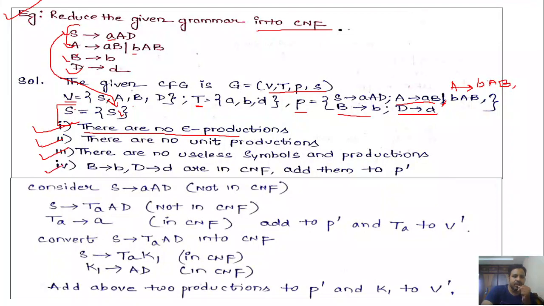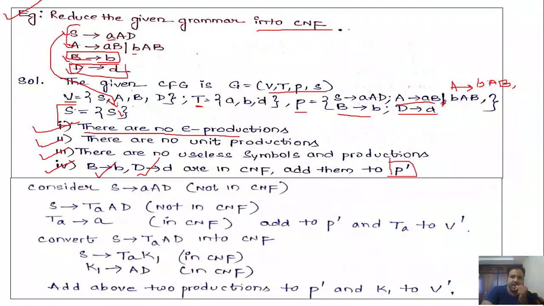Next, fourth point, check for the productions which are in CNF and add them to P dash. Add the variables to V dash and terminals to T dash. So which production rules are in CNF? B denotes small b, it is in CNF. Capital D denotes small d, it is in CNF. So these two production rules are in CNF, so add them to P dash.